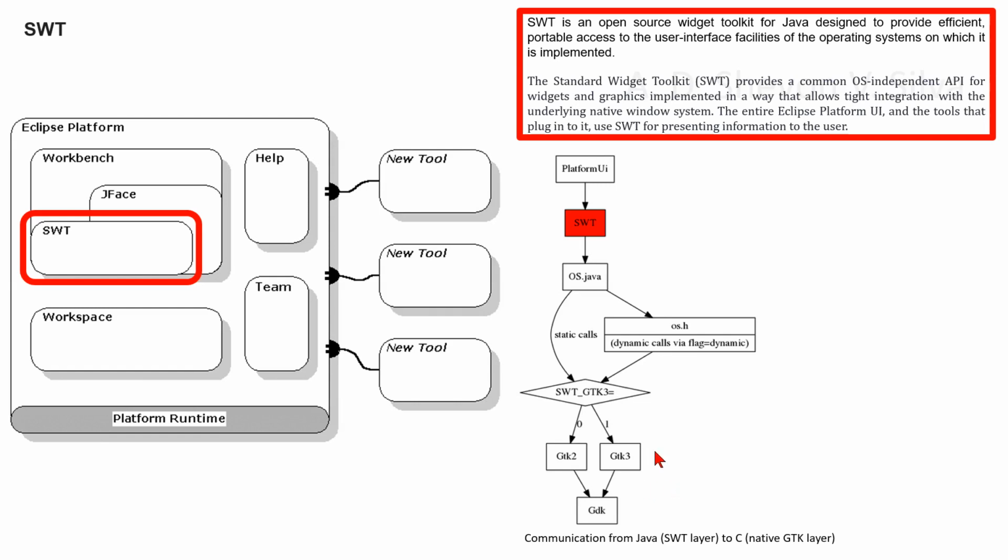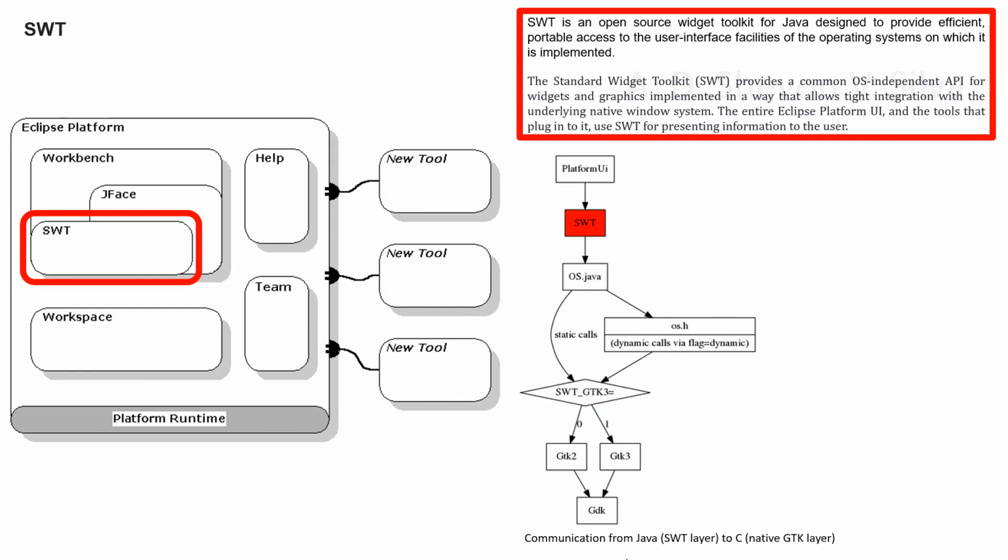Communication from the Java SWT layer to the C native GTK layer occurs through calls defined in OS.java. The image here describes this hierarchy better.